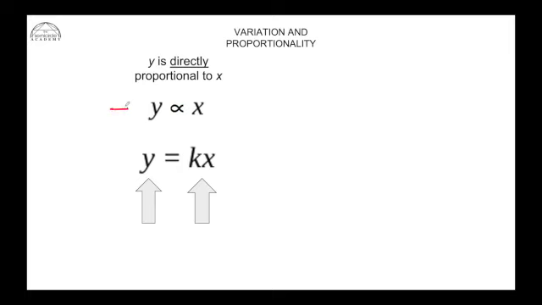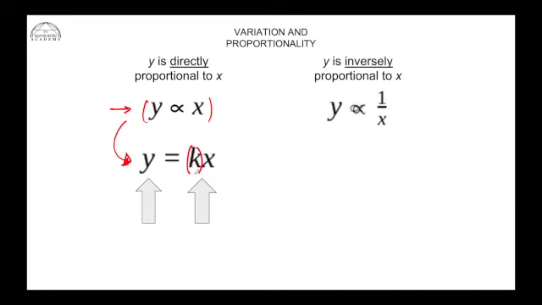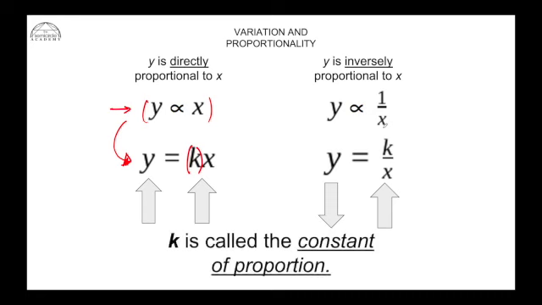Once you have your relationship, then you can form your equation, and the equation must have your k, your constant of proportionality. Same thing with the inverse: if y is inversely proportional to x, you form your equation using your constant of proportionality, where k is the constant of proportionality.